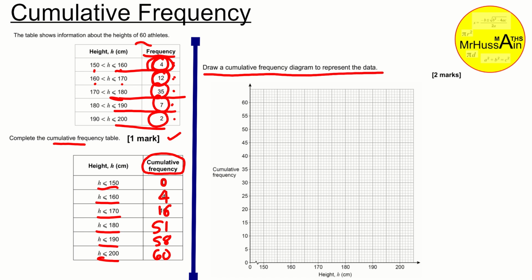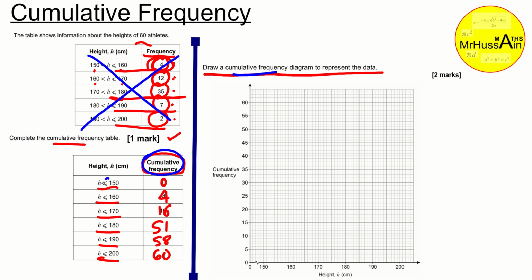Then you've been asked to draw a cumulative frequency diagram. It's important you understand a cumulative frequency diagram is drawn from the cumulative frequency table, not your frequency table. And it's also important for you to understand it is plotted against the upper point.